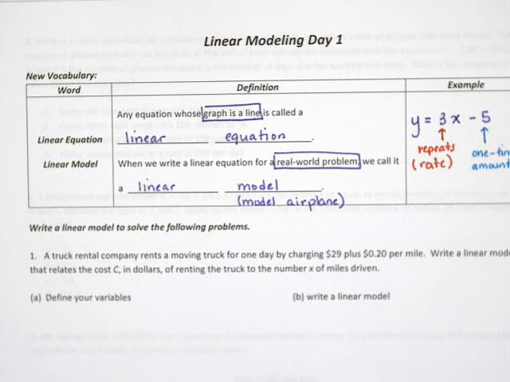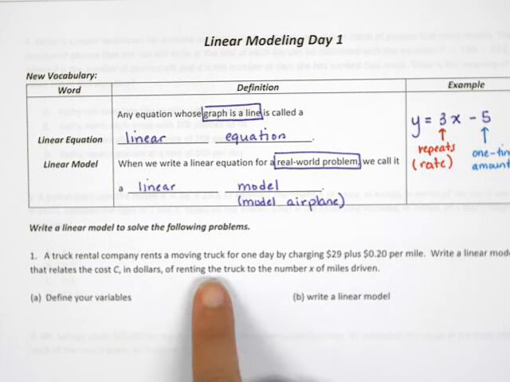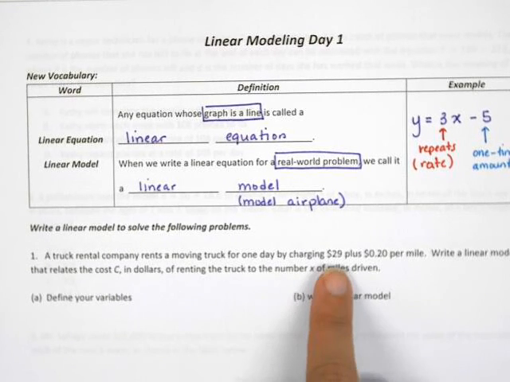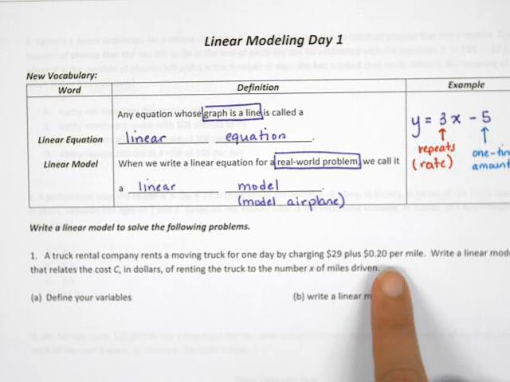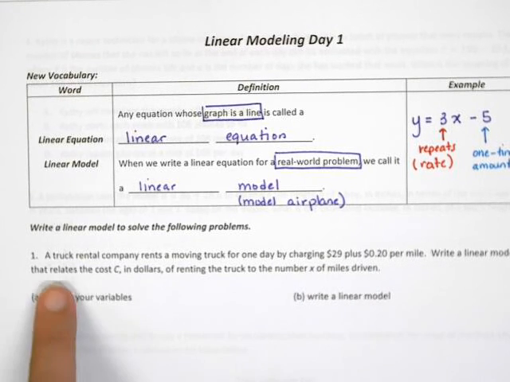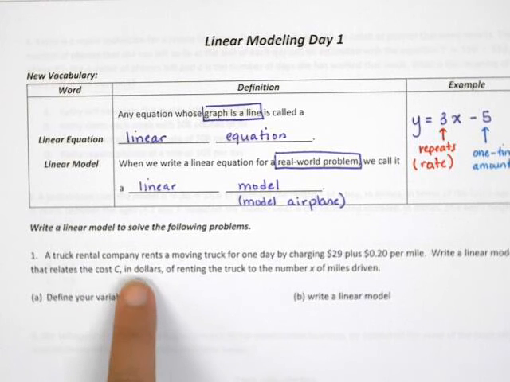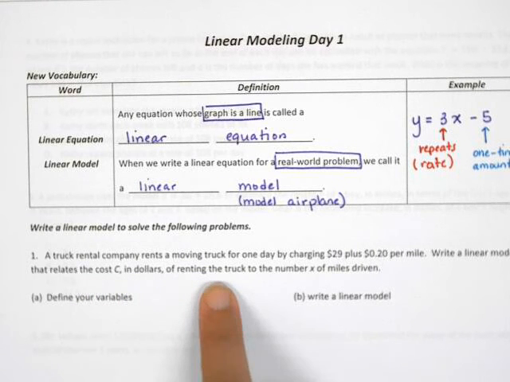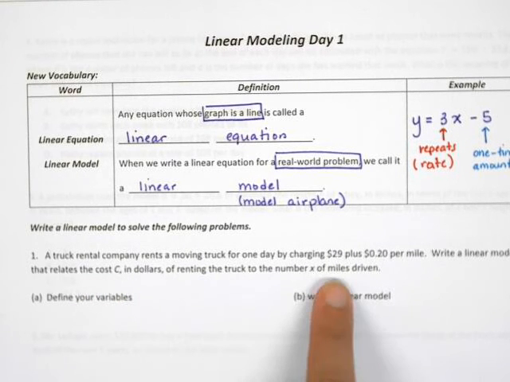It says a truck rental company rents a moving truck for one day by charging $29 plus 20 cents per mile. Write a linear model that relates the cost, C, in dollars, of renting the truck to the number of X miles driven.